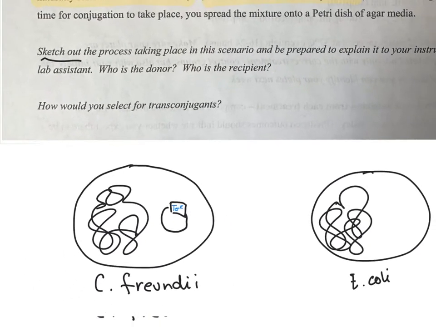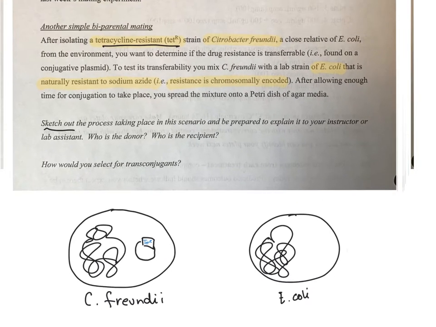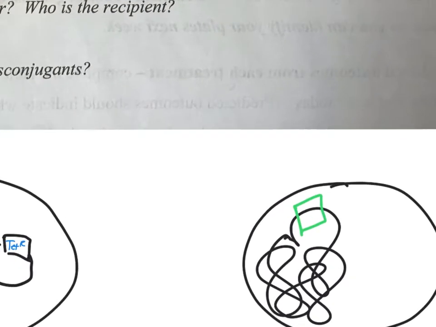All right. And so what do we know about E. coli? Sorry, that's my phone ringing. What do we know about E. coli? We know that it has resistance to sodium azide. So we're going to draw that in as well. We have the antibiotic resistance gene that would be potentially here.